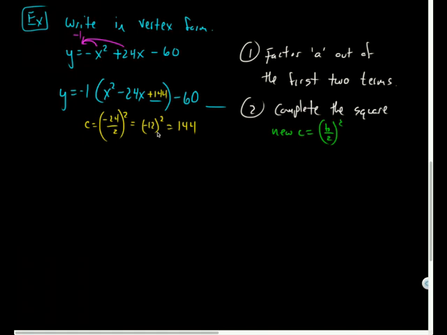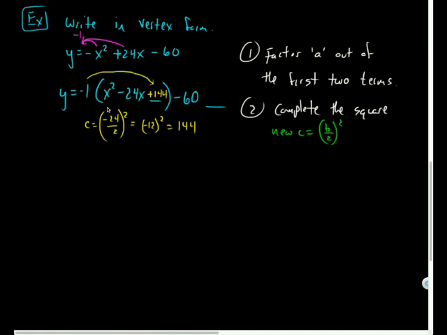However, I can't just do that willy-nilly. That's changing what this problem is, right? So I have to do something to make it equal to the original problem. I'm not actually changing the way the graph looks, because that's no good if I'm switching forms and it's changing what my problem actually was. So check this out. Adding 144 in the world of parentheses was really subtracting 144.